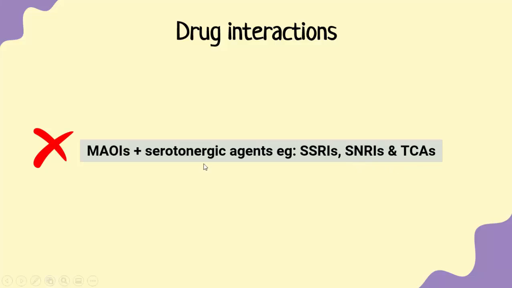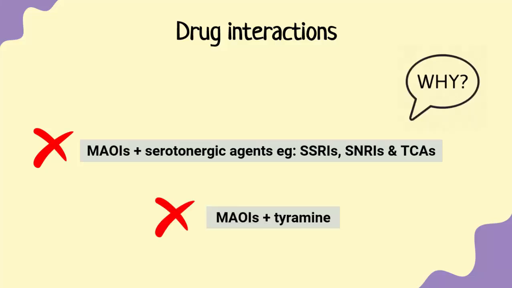What happens if a patient takes monoamine oxidase inhibitors together with these drugs, and why does it occur? So you need to find out. Also, patients on monoamine oxidase inhibitors cannot take these drugs together with tyramine, and you need to find out why, and also what will happen to the patient if they take this concurrently.